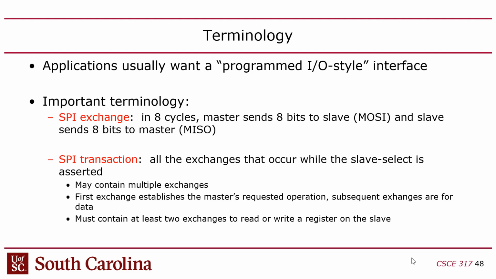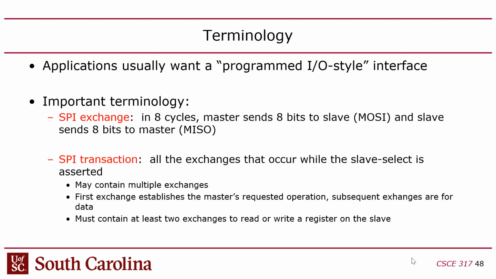So for that reason, whenever you use SPI, generally speaking, you're going to be doing some protocol on top of SPI. You're going to be building a transactional layer protocol on top of the exchange-based protocol that SPI fundamentally uses, right? So there's this terminology, and sometimes I screw this up.